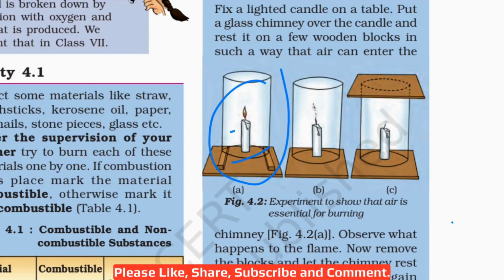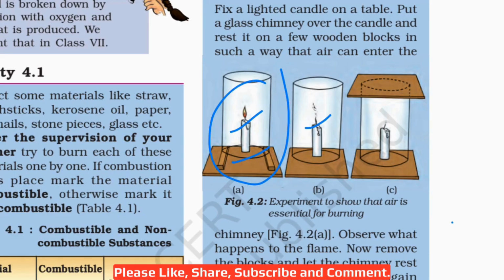Okay, so that is why you can see the flame is burning. Now in the other one they have removed these wooden blocks and now the whole candle is covered properly. Because the whole candle is covered properly, the flame will get extinguished because there is no supply of fresh air inside it, no supply of oxygen inside it. That is why you can say that there is no flame now.